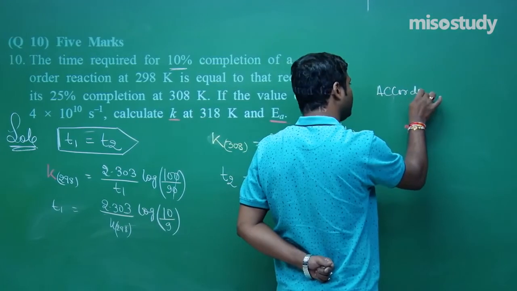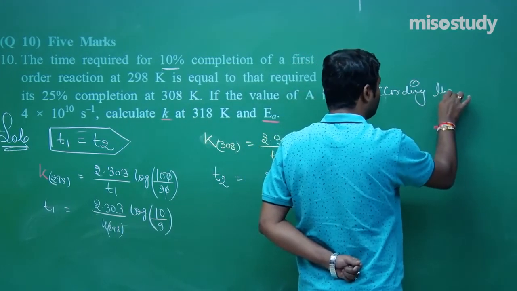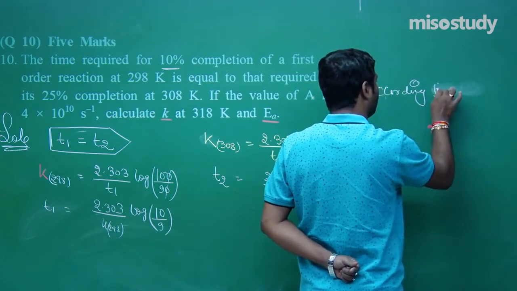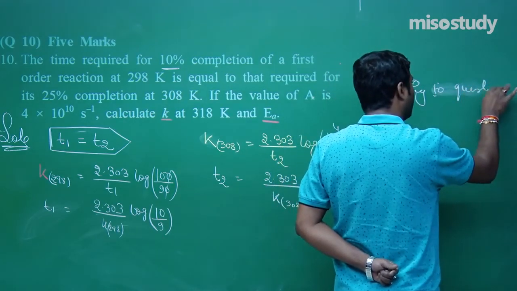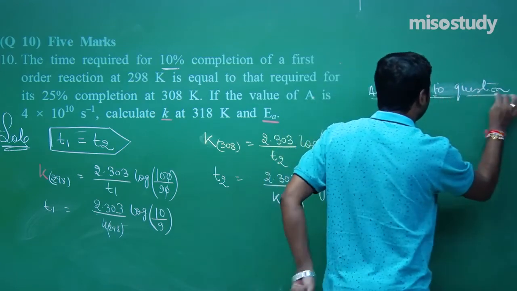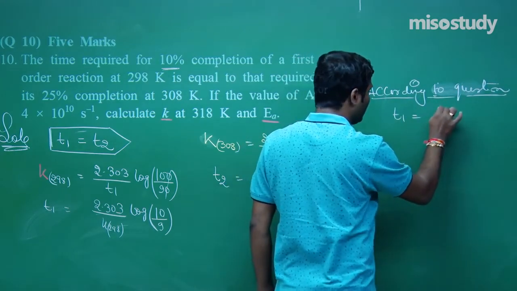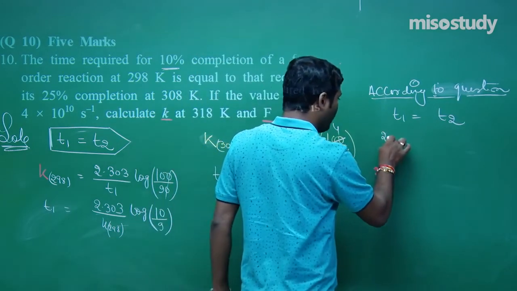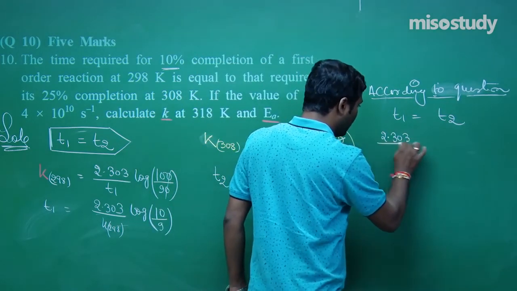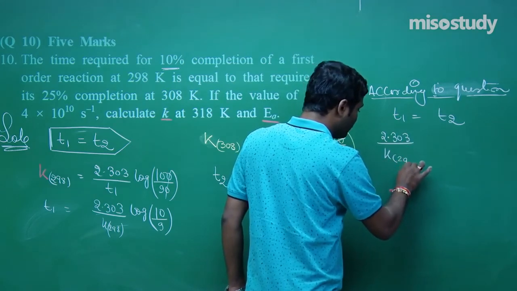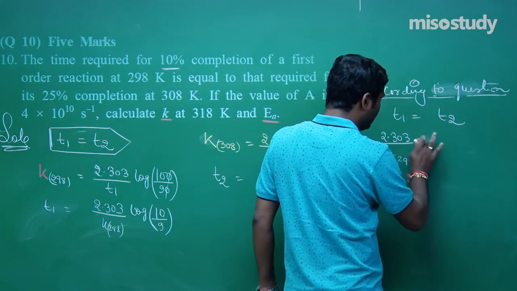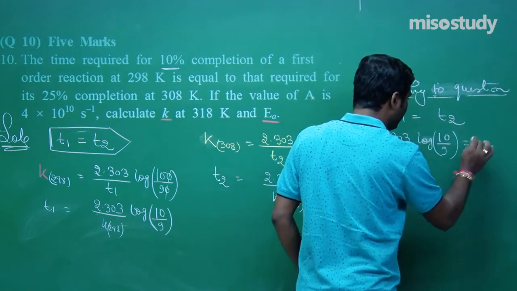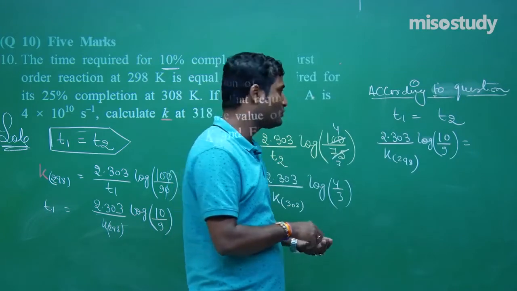Now moving here, according to the question, it is given that T1 is equal to T2. Now put the value. What is T1? 2.303 upon K298 log 10 upon 9. This is T1. What is T2, my friend?